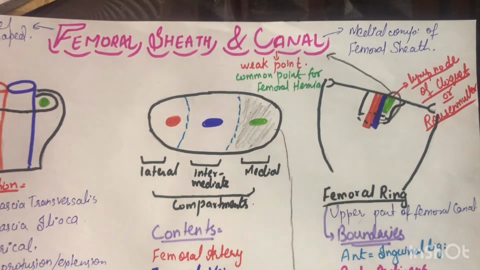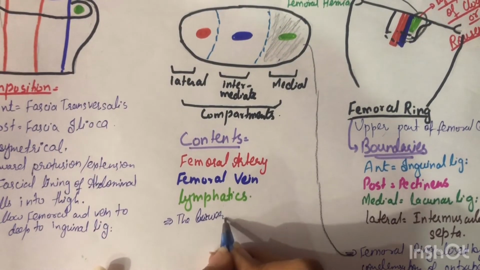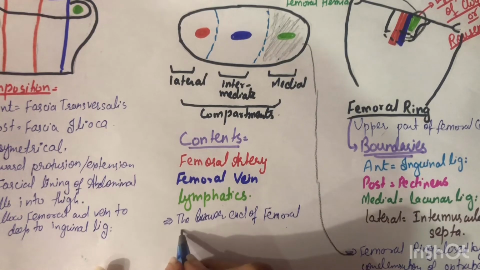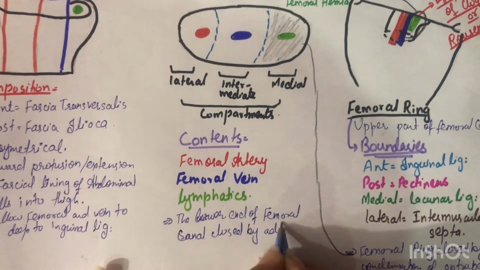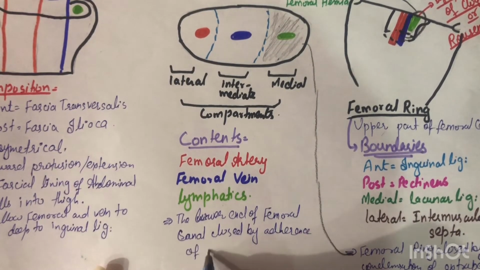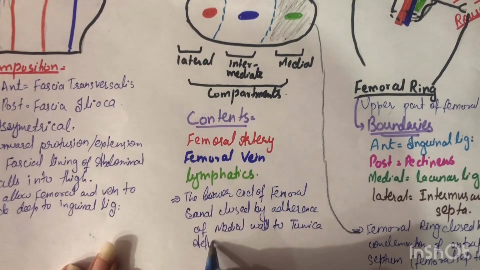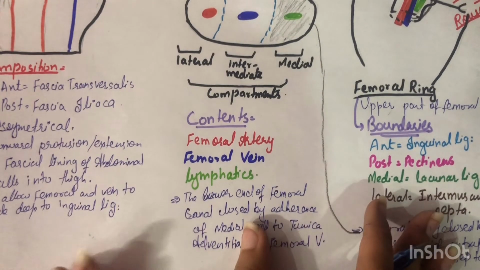So for the femoral canal, let me write: the lower end of the femoral canal is closed by adherence of medial wall to the tunica adventitia of the femoral vein, right?